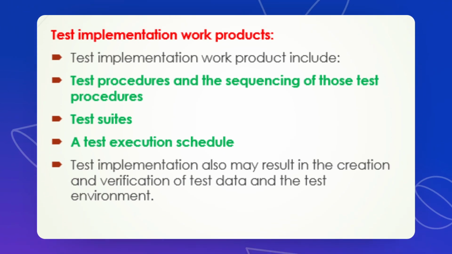In the test implementation work product, we have test procedures and the sequencing of those test procedures, test suites, and the test execution schedule. Test implementation may also result in the creation and verification of test data and the test environment.